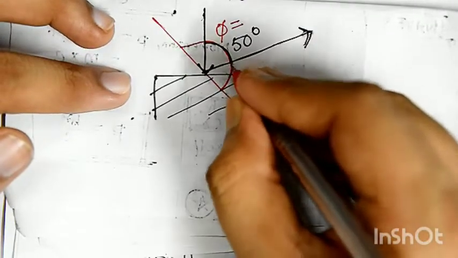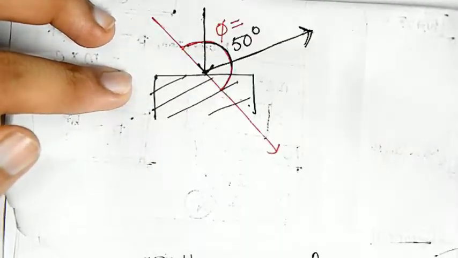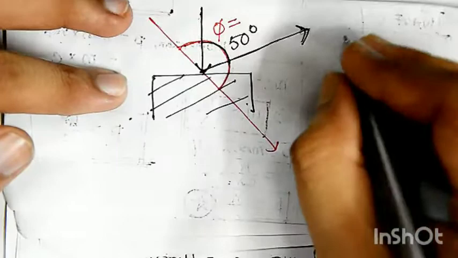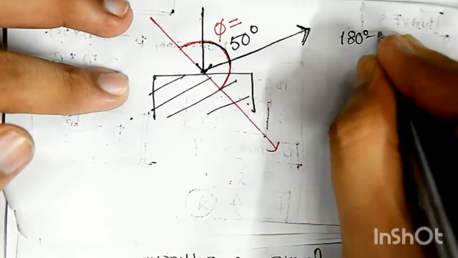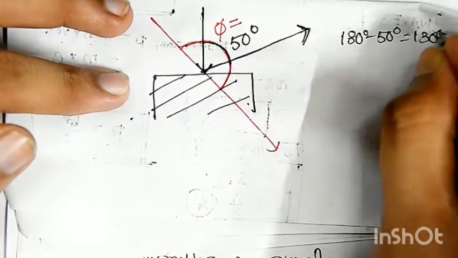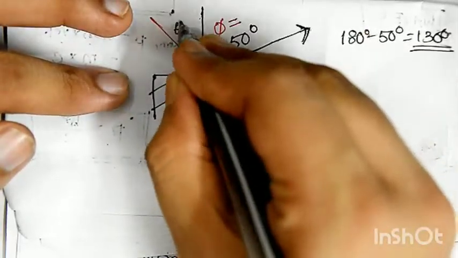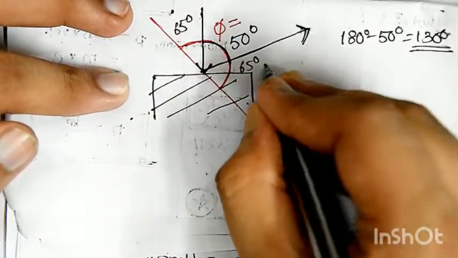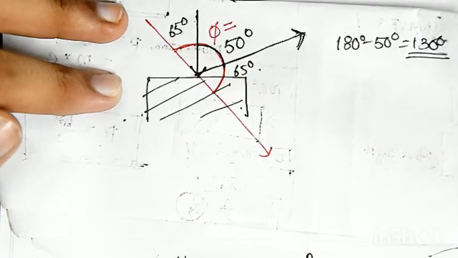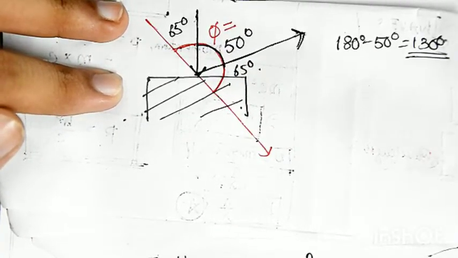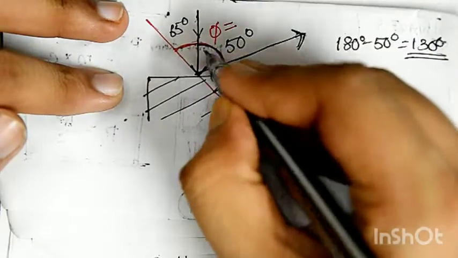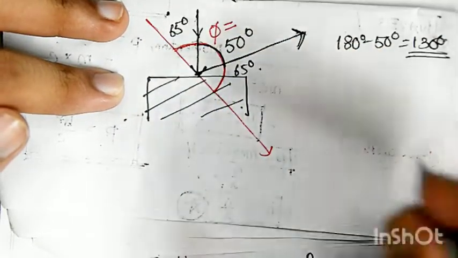So what is remaining on these two sides? Now 180 minus 50 is 130 degrees. So each side is getting 65 degrees. This incident angle is also called the Bragg's angle.